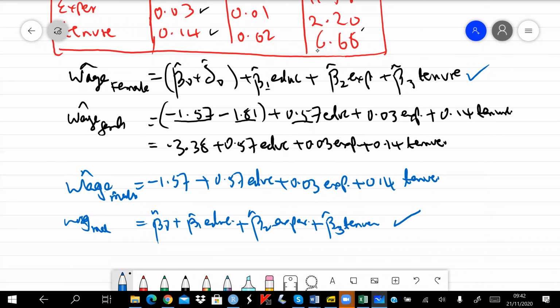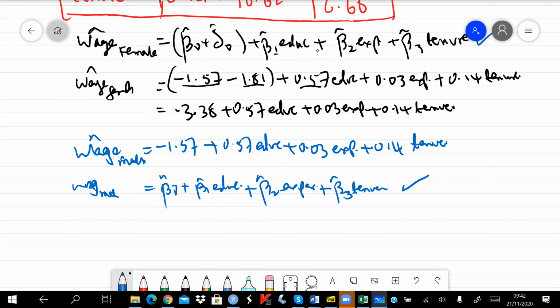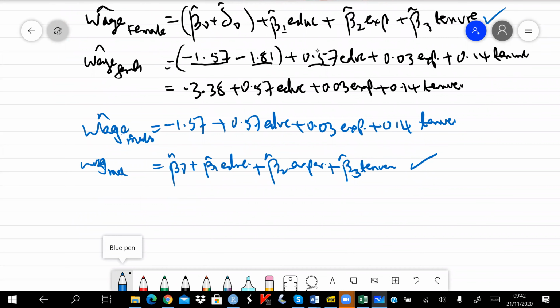So if you want to find the difference between the male and the female, because this is multiple regression, you need to hold the other factors or the other variables constant.